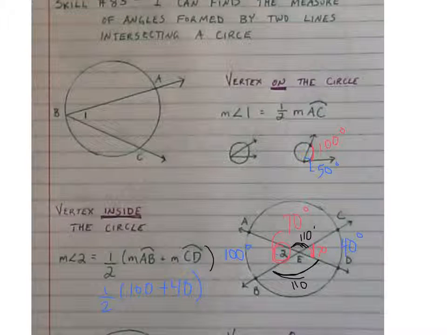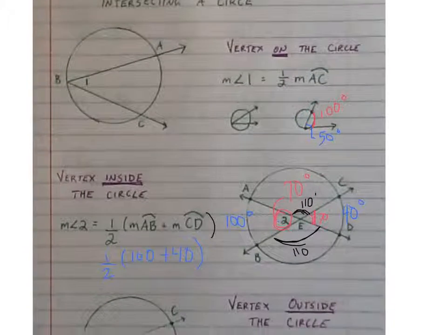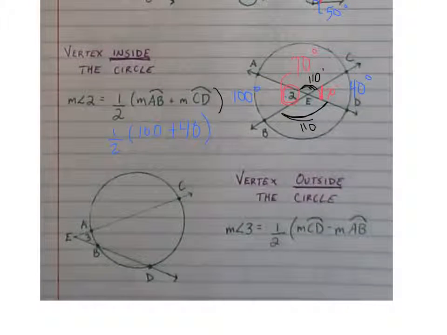Alright, the next example that we have is a vertex on the outside of a circle. And again, I forgot to close my parenthesis. The vertex on the outside of the circle is going to be half of the difference. So we take arc CD, subtract arc AB, and then multiply it by 1/2.